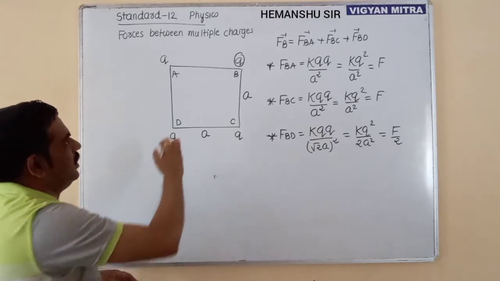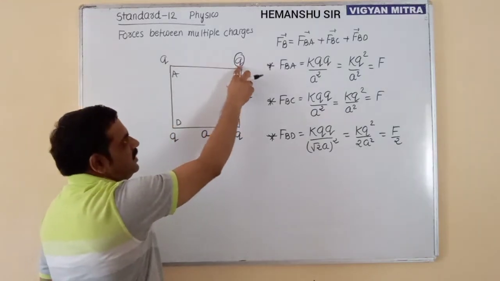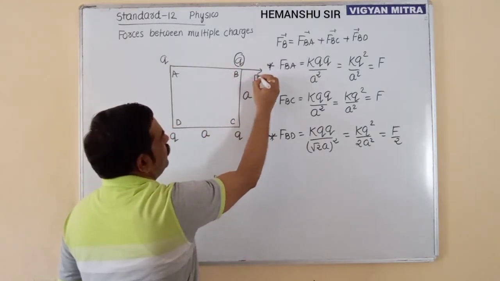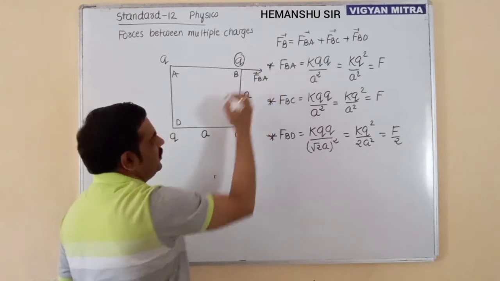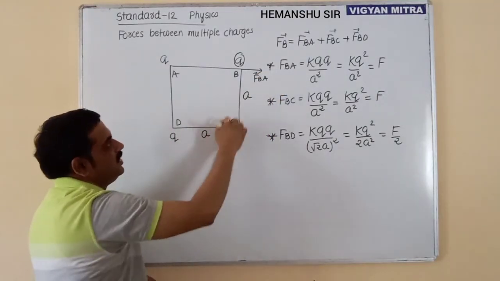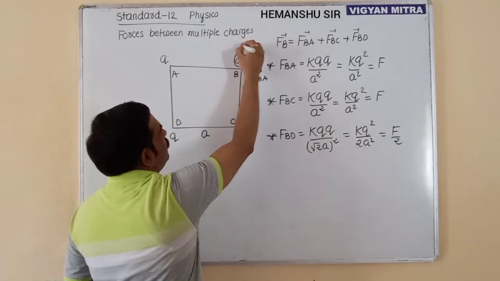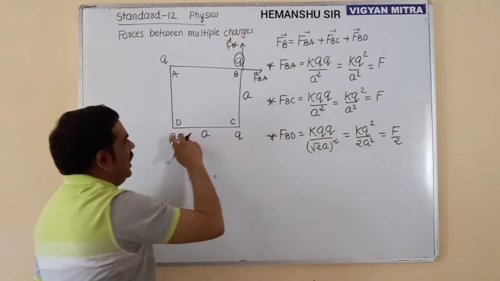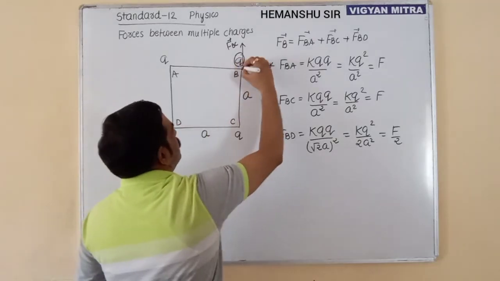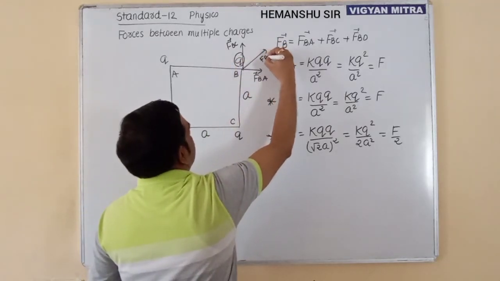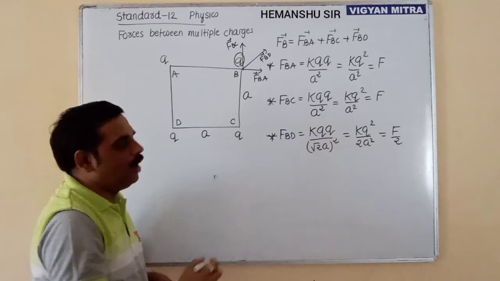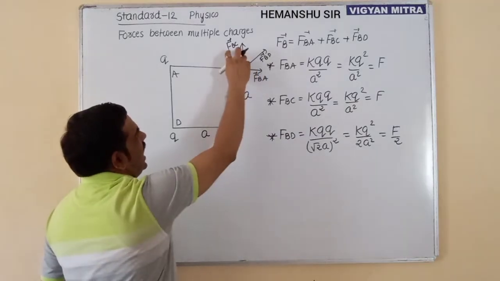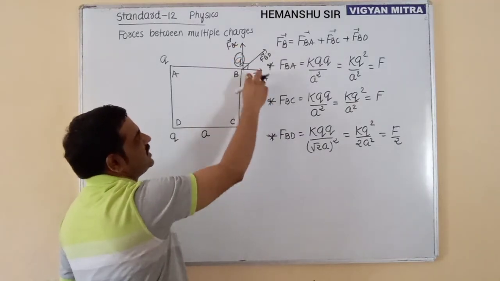Now the direction. Repulsive force between these two, so here FBA will be in this direction. Repulsive force between these two, so here FBC is upward. And the repulsive force between these two, so this force is FBD. Now the angle between FBC and FBA is 90.